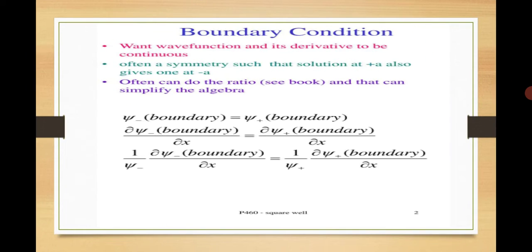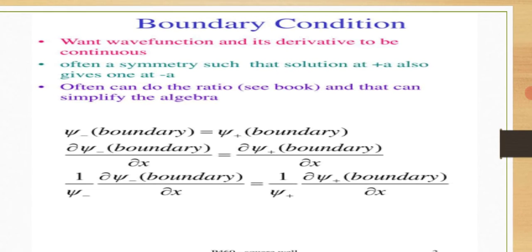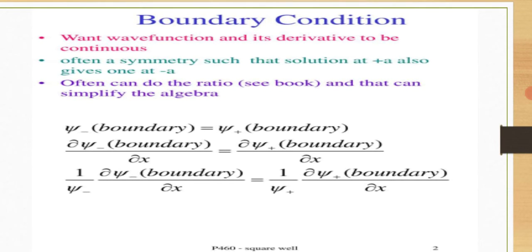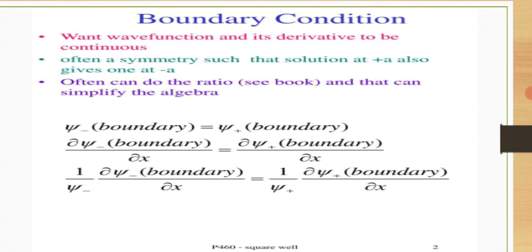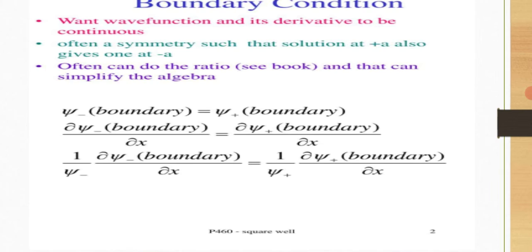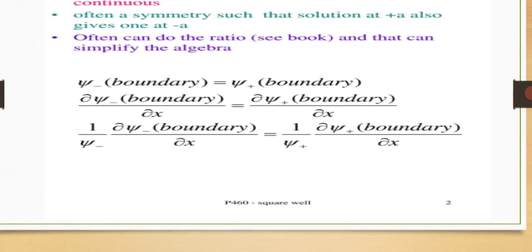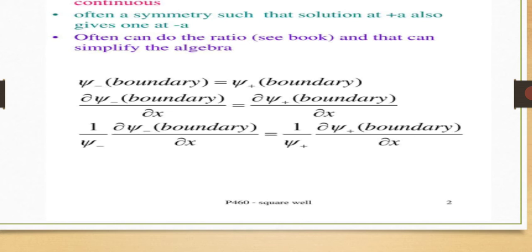Now, if we consider the boundary conditions, we want the wave function and its derivative to be continuous. Often we can use symmetry, such that the solutions at plus a also give the one at minus a. We can take the ratio, and that can simplify the algebra.